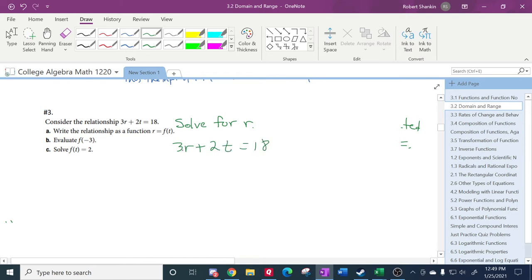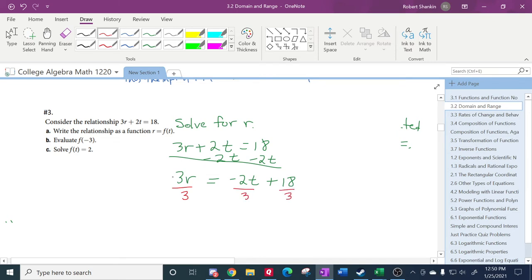To get the r by itself, I'm going to move the 2t to the right-hand side. And then I'm going to divide by 3.